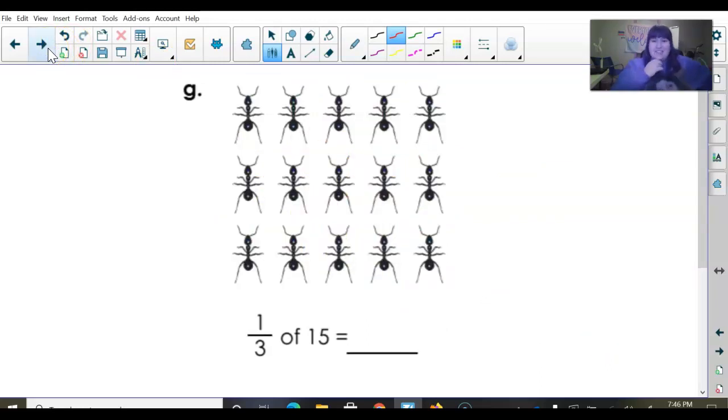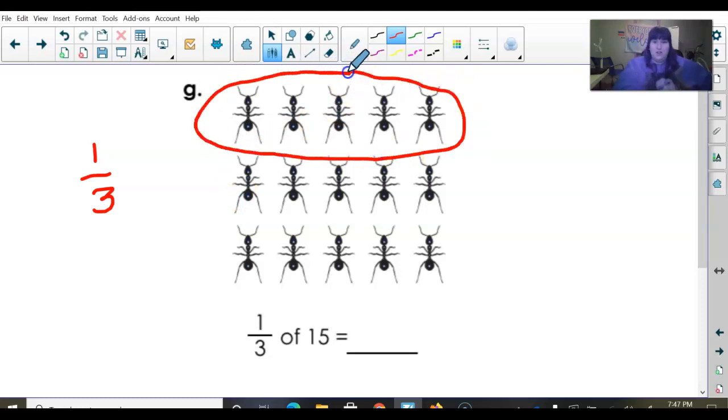Ooh, we have ants. Ooh, I feel like they're creepy crawling all over me. 1/3 of 15. Well, let's solve it in both ways. There are 15 ants, and we want to know what is 1/3 of them. So 1 out of 3 groups. Can you find a way to split this into 3 groups? There are 3 rows.